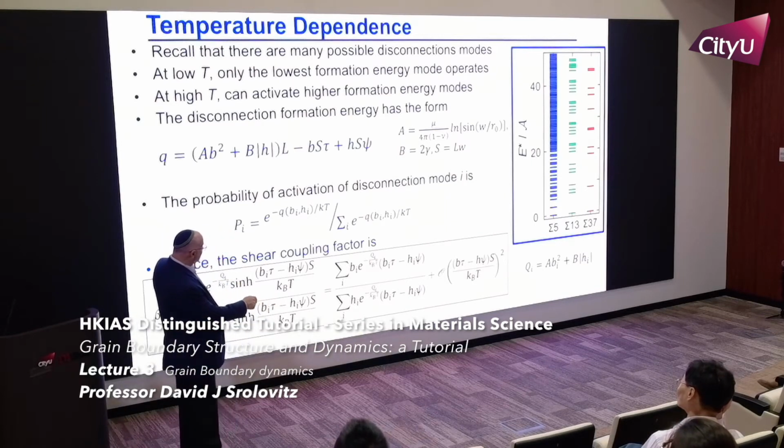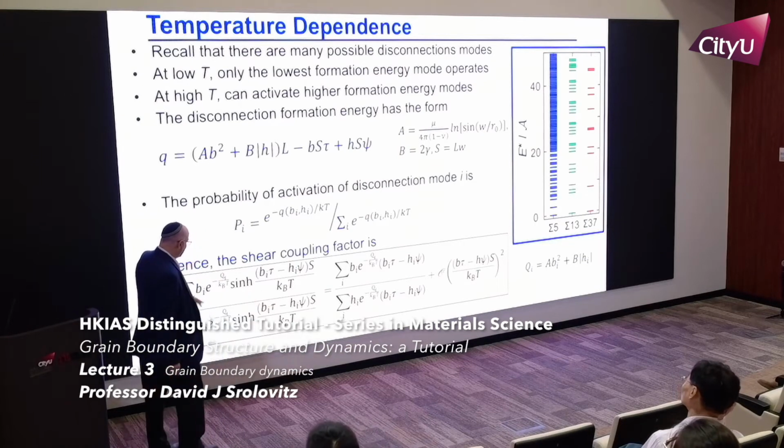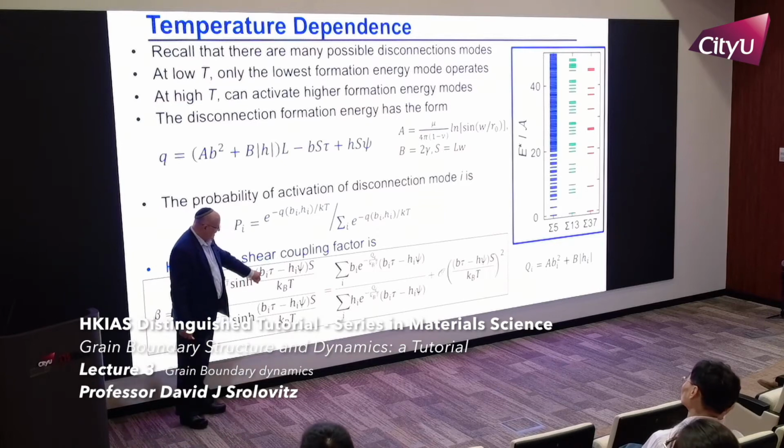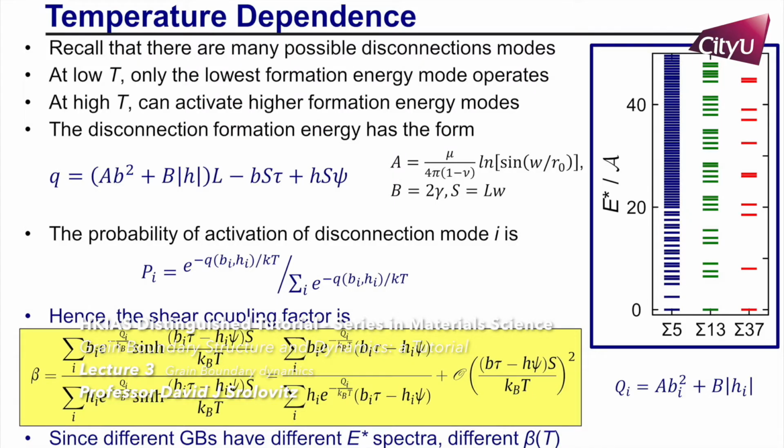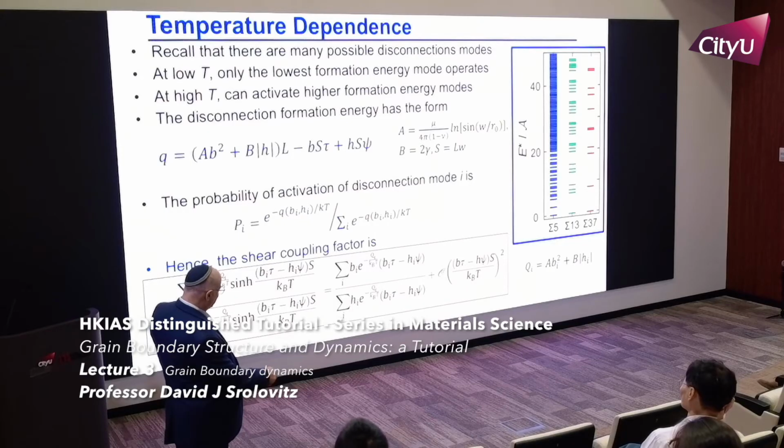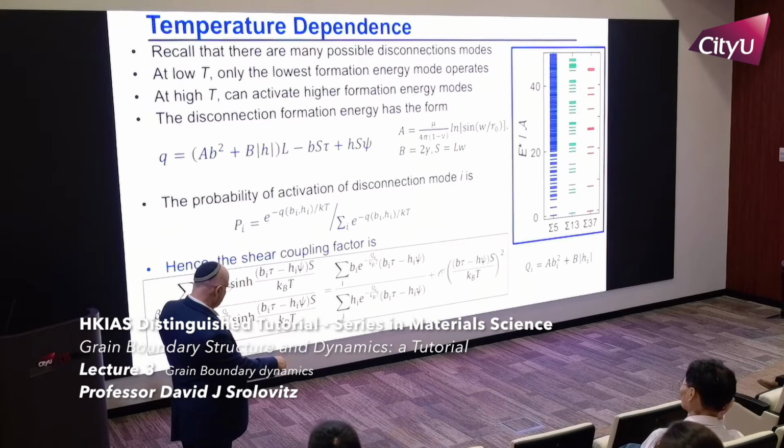But what I've done is I've taken out the driving force terms, and I put it here. And if I linearize this, I just say that beta goes like the sum of the b over h's, but you then have a term which is proportional to the applied stress or proportional to the chemical potential jump in both those cases. So this is the sum with a b here, sum with the h here.